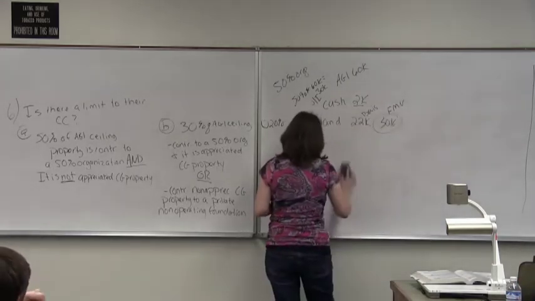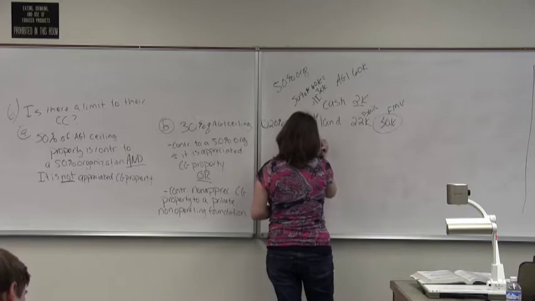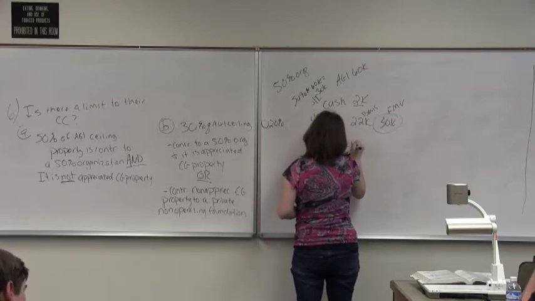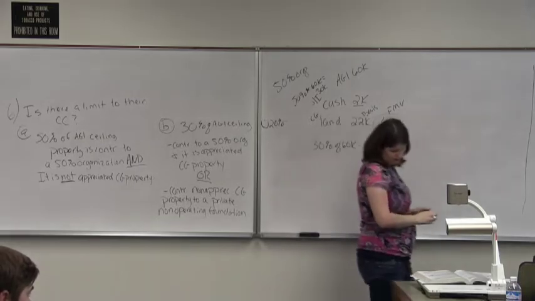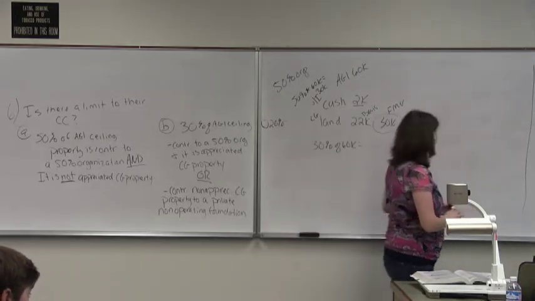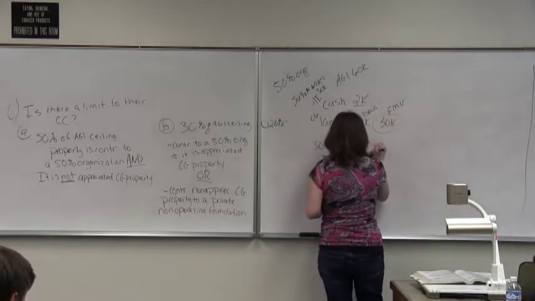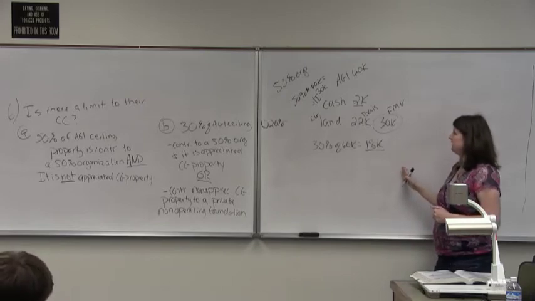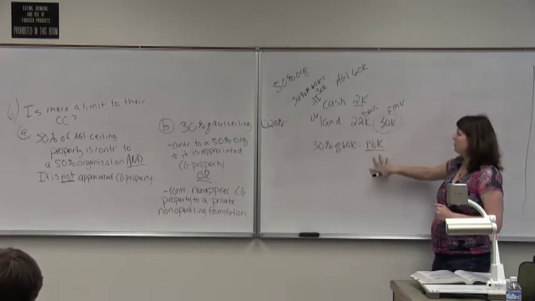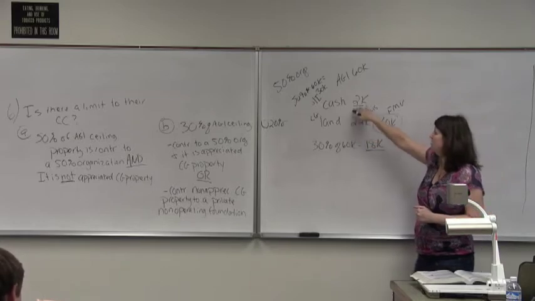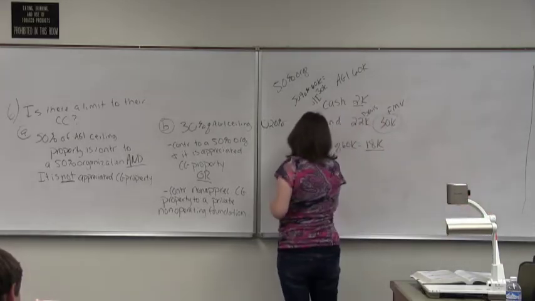So we have 30% of $60,000 is $18,000. So that means that she is going to receive a charitable contribution deduction of $18,000 for the land and $2,000 for the cash.